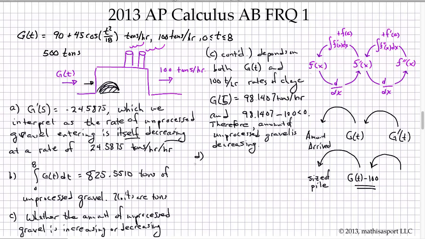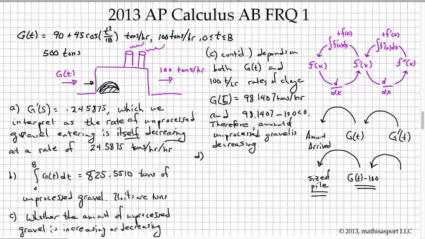In Part D, the question as to whether the pile is growing or declining, and therefore whether it's reached a maximum or not, has to do with the derivative of the size of the pile.